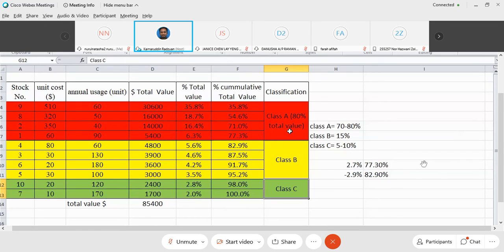So there are many factors to be included to determine whether the item is in class A, class B or class C. Not limited only to the quantity of usage of inventory and not limited to the total value of inventory.